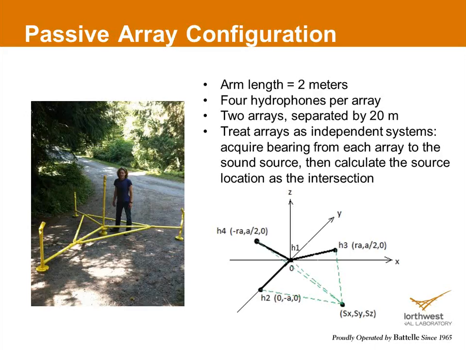Each of the hydrophones would be separated by 120 degrees if you look at it as an angular separation. We'd have 2 of these arrays that would each be separated by 20 meters. The arrays would be treated as independent systems, but would be synced to a common clock.